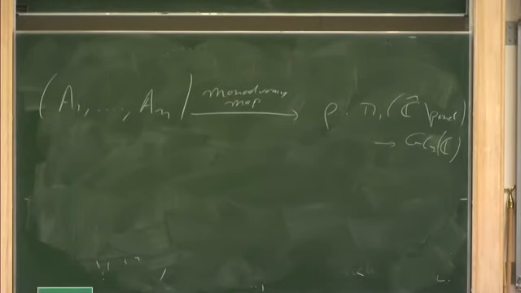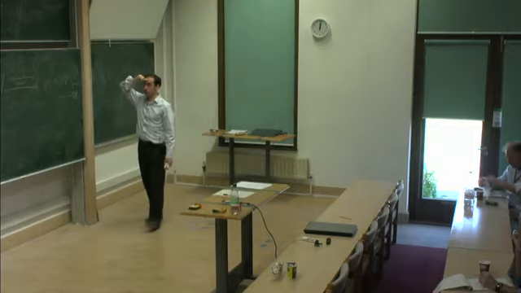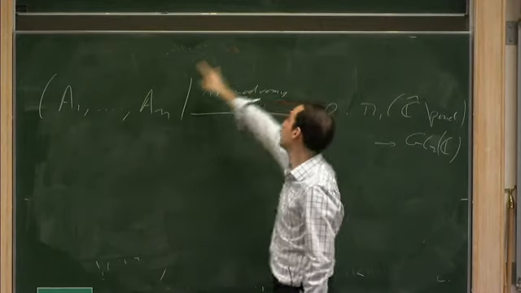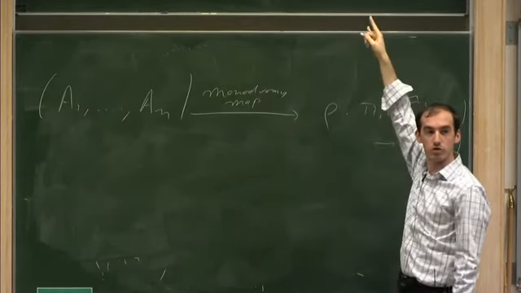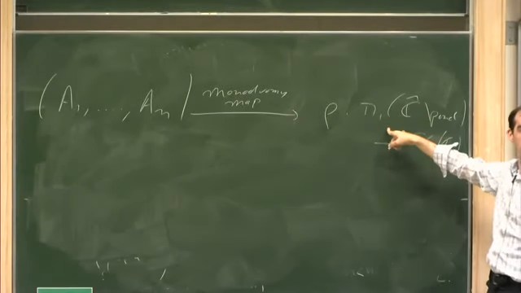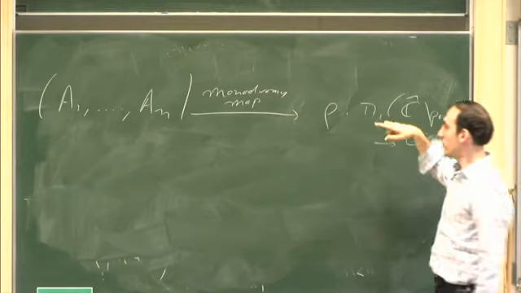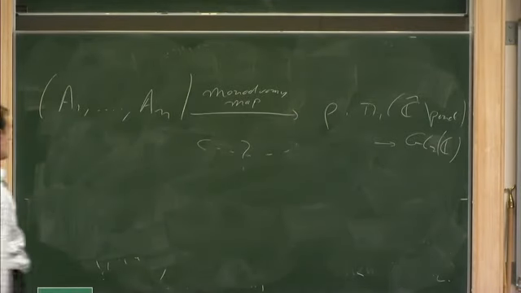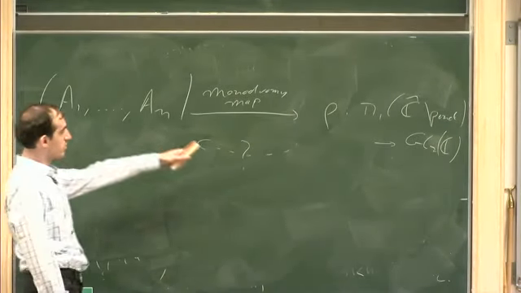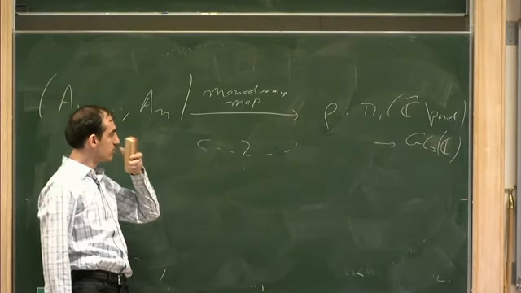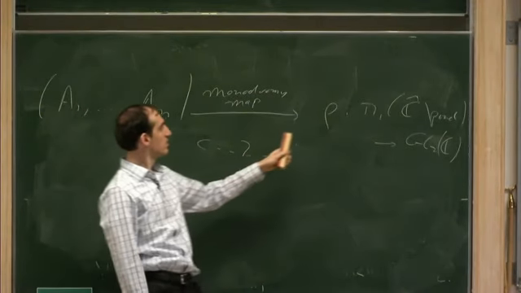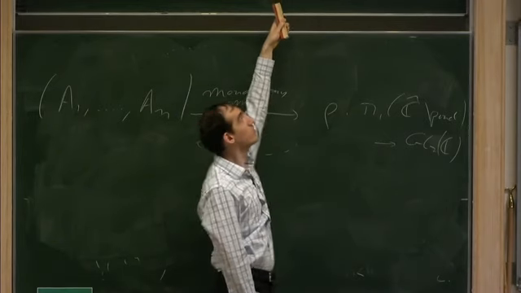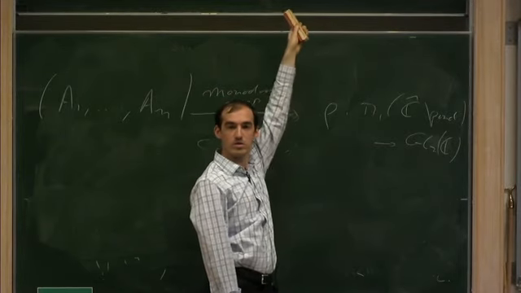If you take the matrices to be traceless, you're going to get SL2, so that's not really important. Okay, so you start from this data, these fixed matrices A, you put them into this ODE, you do this analytic continuation business, and you get rho, which is a representation out of it. So that's a well-defined map, and then essentially the 21st Hilbert problem is to decide whether this map is invertible, which is, given a representation rho, can you come up with these matrices such that your representation comes from this analytic data.